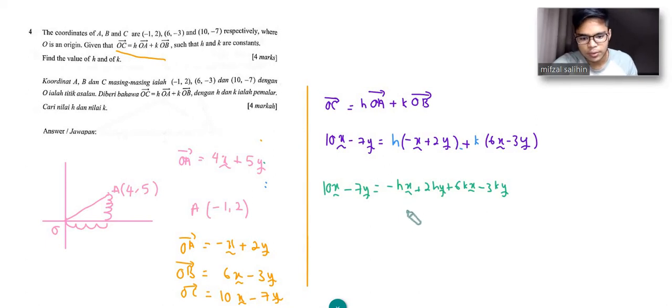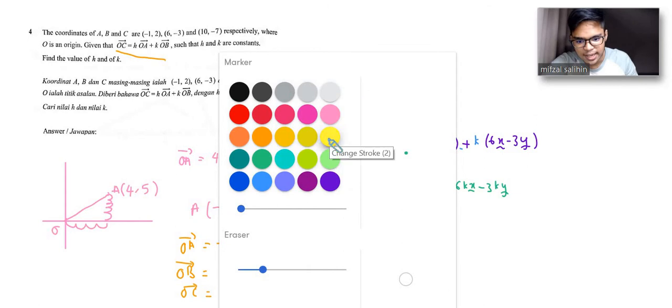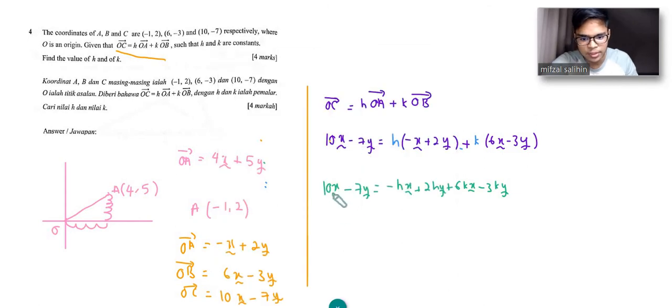We are going to extract the terms which have the variable x into one equation, and extract the terms that have the variable y into another equation. We have x here, so we collect every term which has x into an equation.